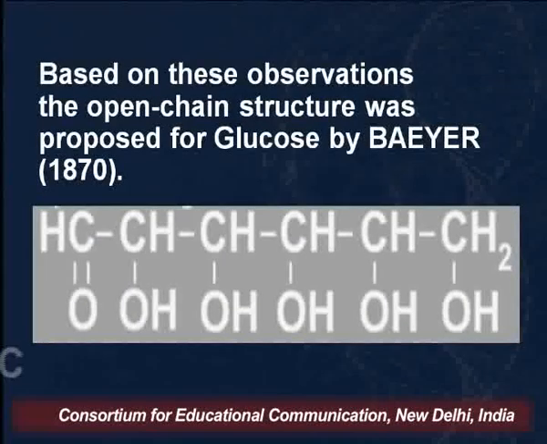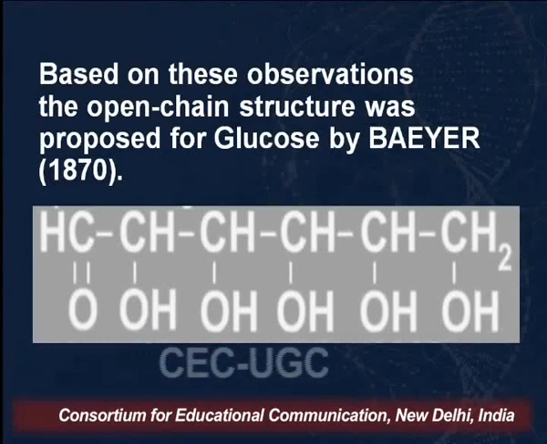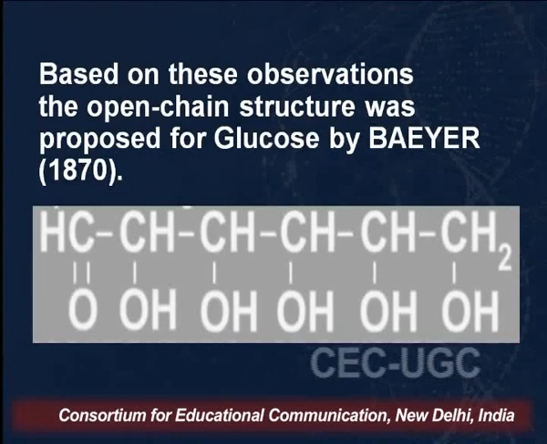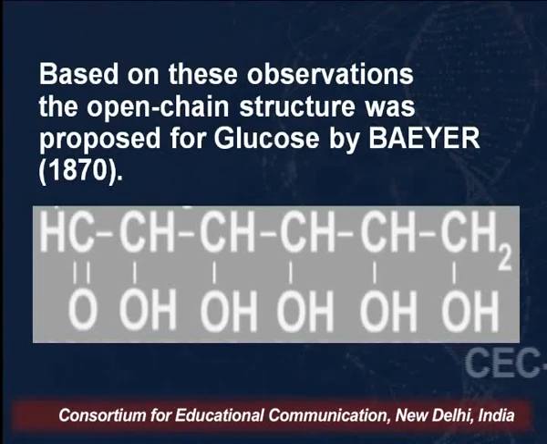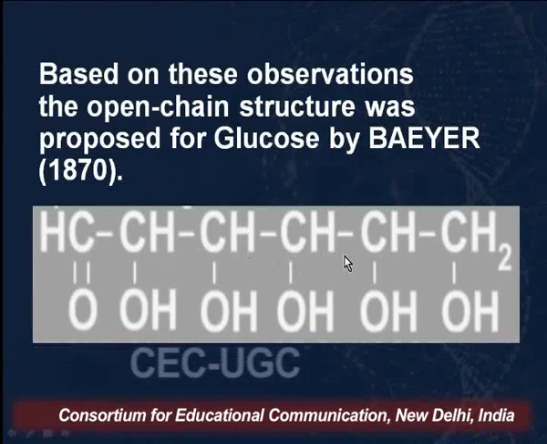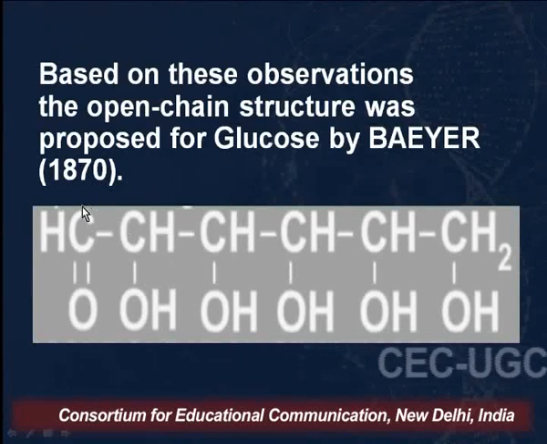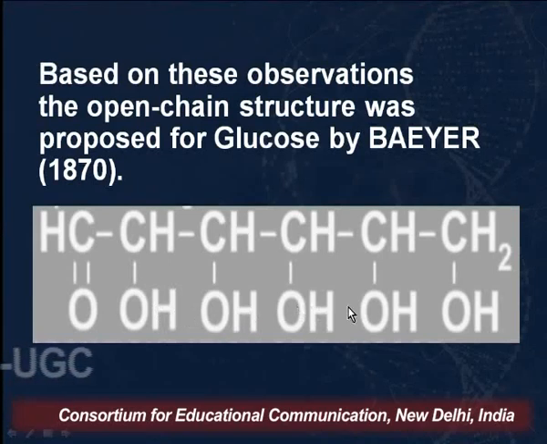So now let us see, on the basis of the observations of Bayer, what the open chain structure of glucose was. The open chain structure of glucose indicates that glucose has 6 carbon atoms in a straight chain. It has an aldehyde group, and it has 5 hydroxyl groups.